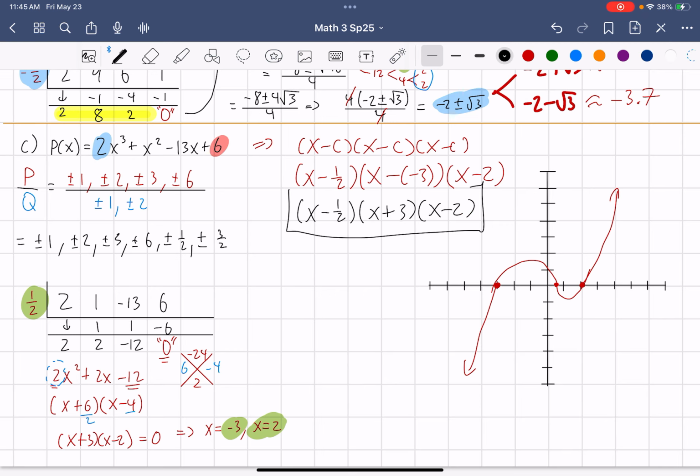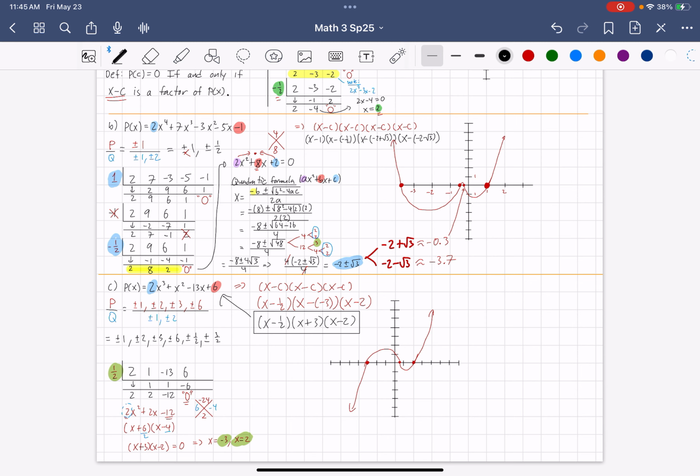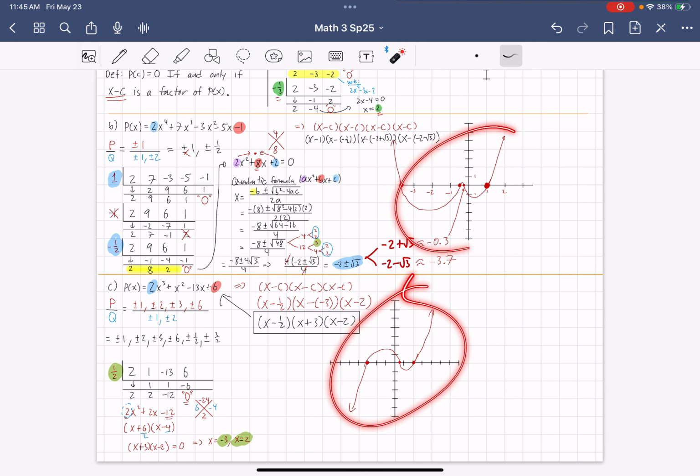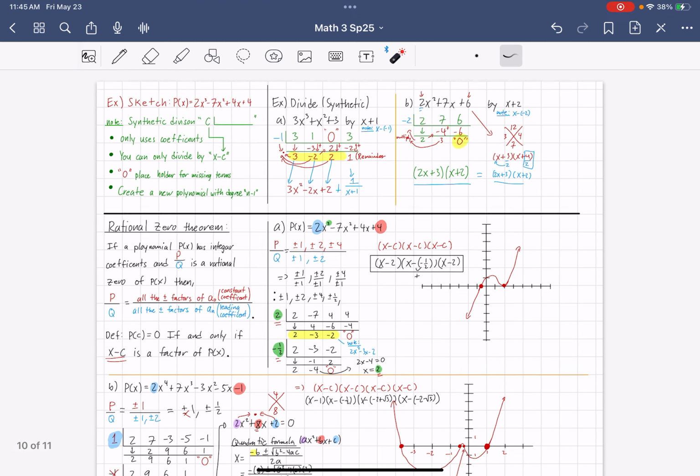And here is my factored form of this polynomial. So that's what ties this all together. Instead of doing your factors, then find your zeros, synthetic division, find your zeros, and then you get your factors. And once you have your zeros, I mean, the graphs are pretty quick after that.